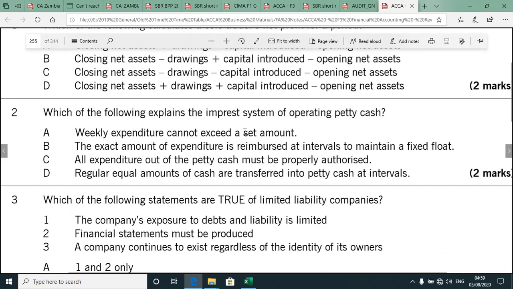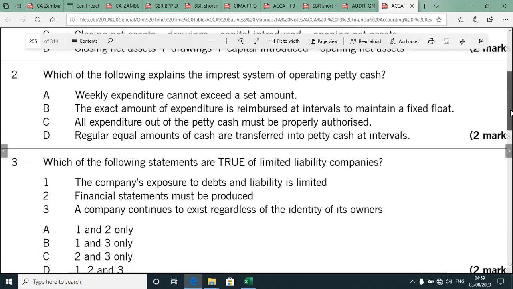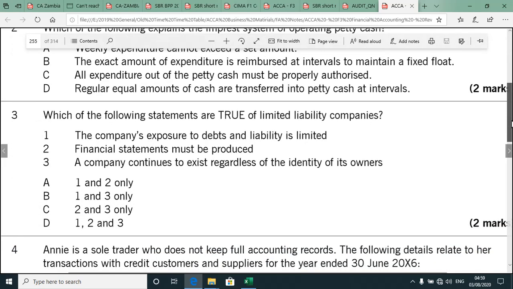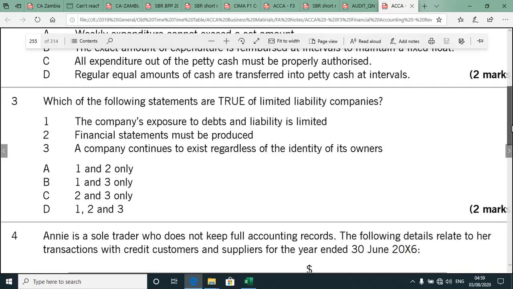Weekly expenditure cannot exceed a certain amount may not be correct in this case, because we do not know many times how much we are going to spend. So B is the best option.